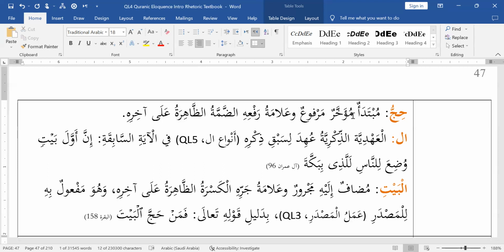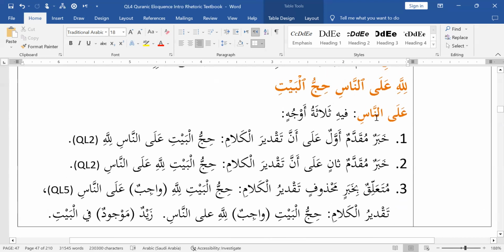Muqaddara is a virtual dhamma, a dhamma that is not there, but is assumed for grammatical, theoretical reasons, although it's not written, pronounced, or heard. So that's the i'rab of hijj from a grammar perspective.